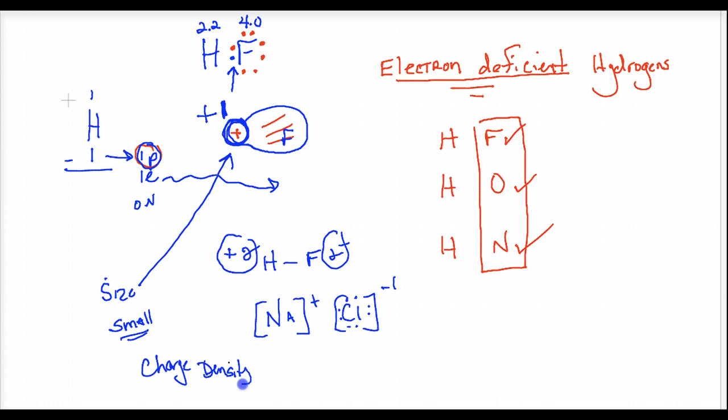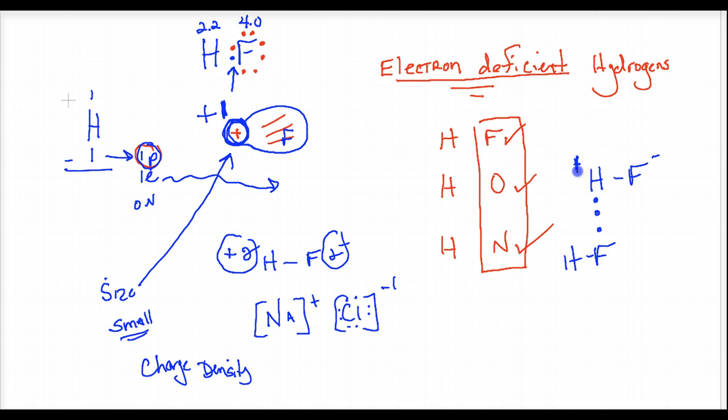A lot of charge for a small spot. So this is highly attractive to other things that are negative. So an HF molecule will highly attract another HF molecule by these very polar, or very dipole-ish type of attractive forces, which are called H bonding.